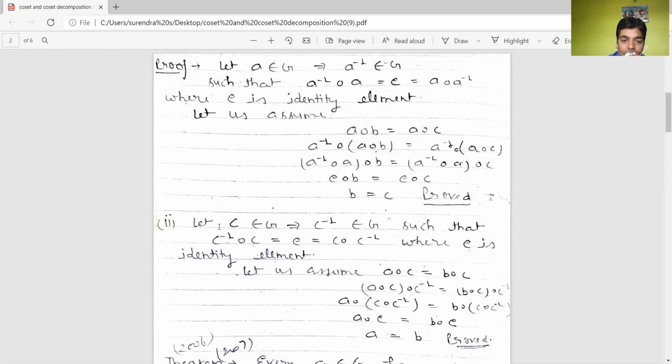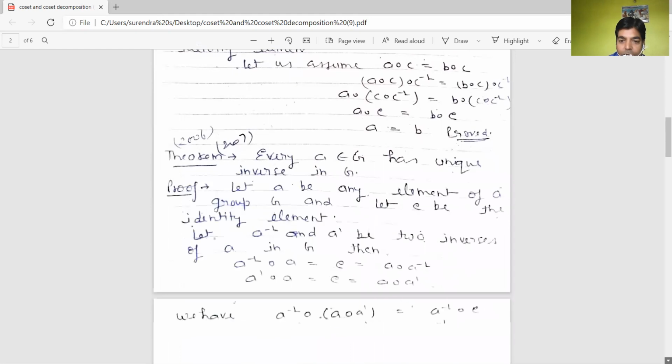Now again, for the second, C belongs to G, that implies C inverse belongs to G, such that C inverse operation C is equal to E is equal to C operation C inverse, where E is the identity element. Now let us assume A operation C is equal to B operation C. Now applying C inverse on both sides, A operation C operation C inverse is equal to B operation C operation C inverse.